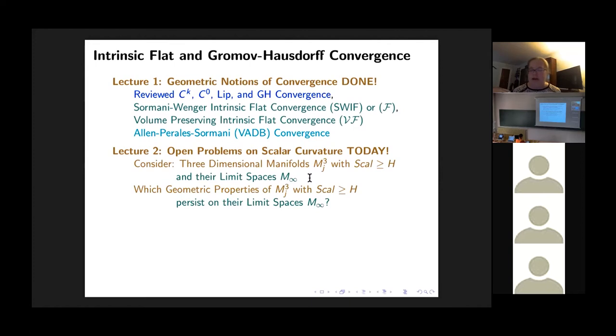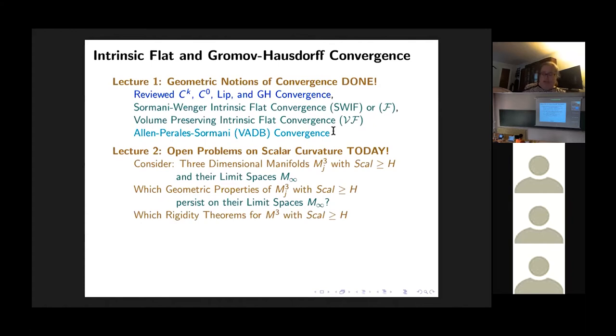And here we don't have the possibility of having Gromov-Hausdorff limits due to many examples. So we're using this weaker notion of convergence called the intrinsic flat convergence. But we're not hoping for too much from intrinsic flat alone, as we will see in a number of examples today. We're going to really need volume-preserving intrinsic flat, this particular notion of convergence, which is a little bit stronger.